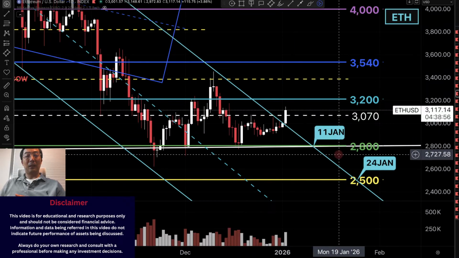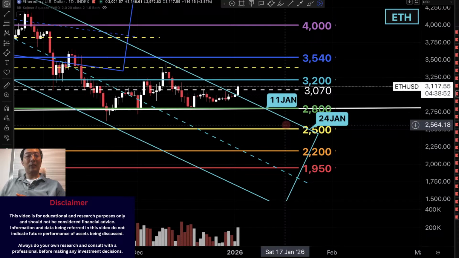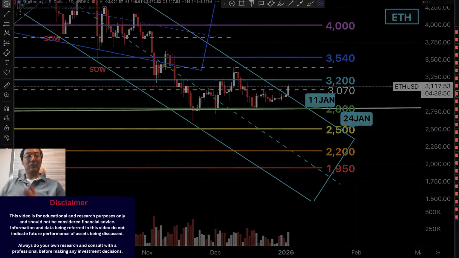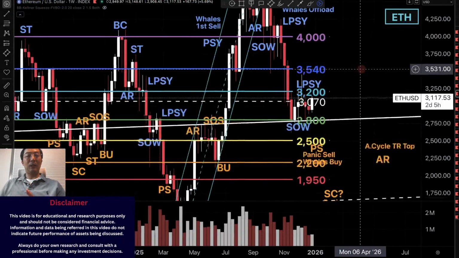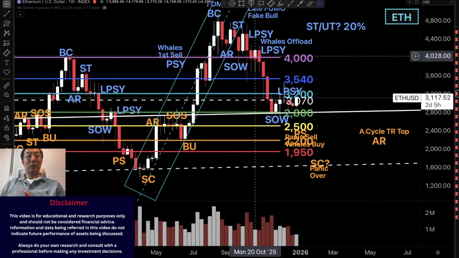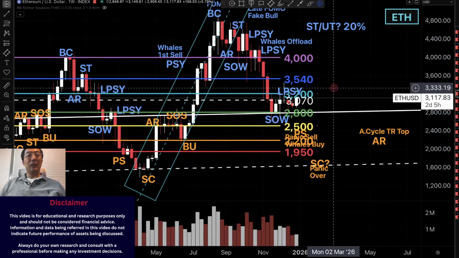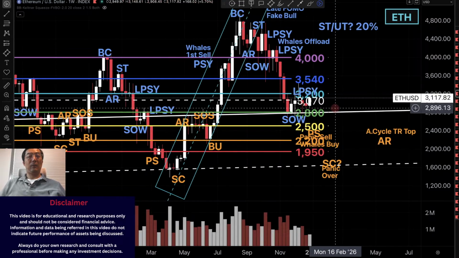Okay? Let's hope it doesn't return to the downtrend. However, if we look at the big picture, if it really is coming down from the distribution and not starting an accumulation at this point, then definitely there's a chance for it to come lower.